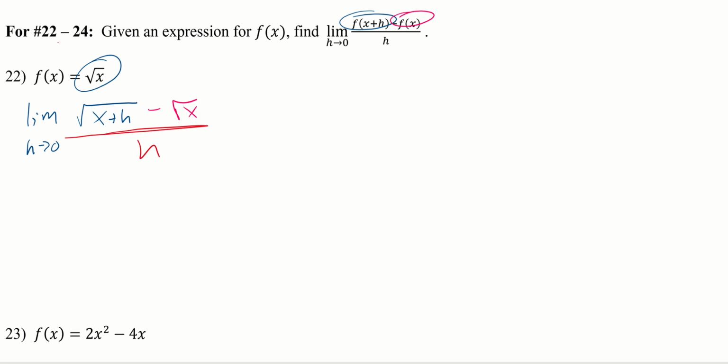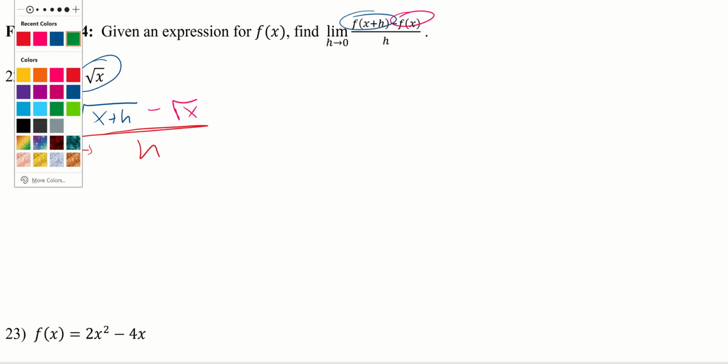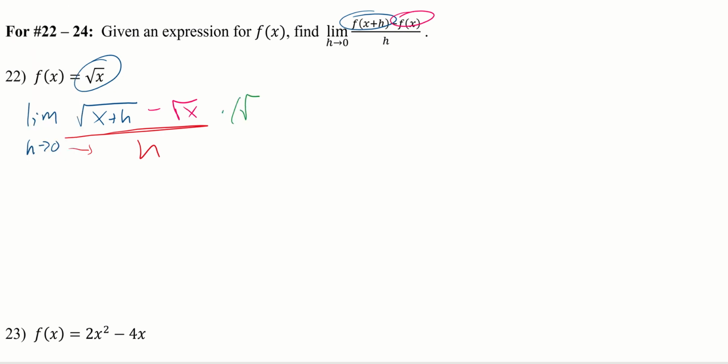Now, if you do a super quick check, I can't combine anything in the numerator because they're a little bit different. If I plug in 0 here, it makes my denominator go to 0. So this is one that would be similar to number 18 or 20, where I need to rationalize the numerator. Believe it or not, it looks harder than it really is, in my opinion.